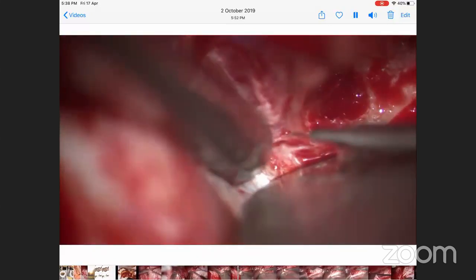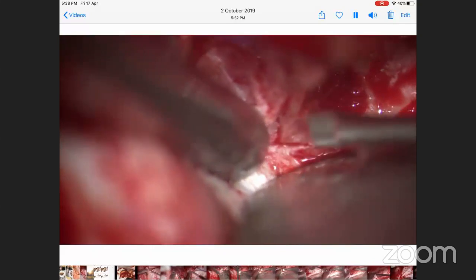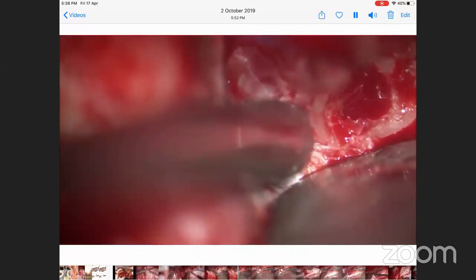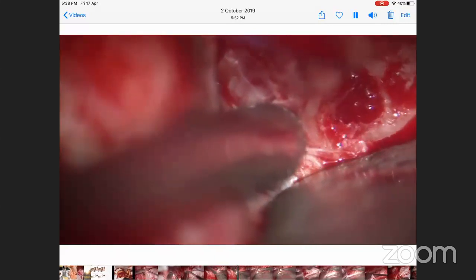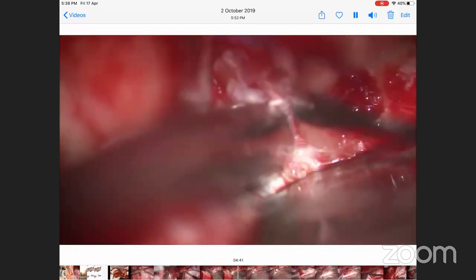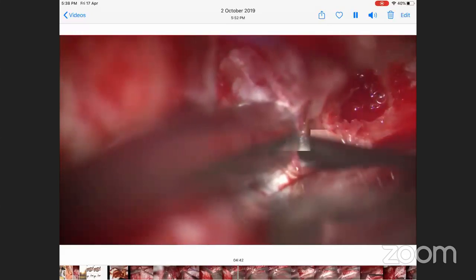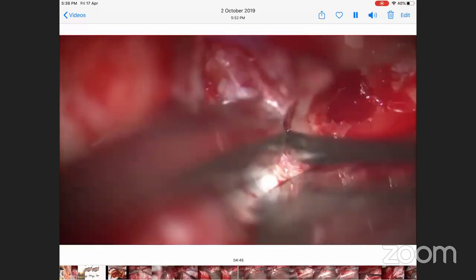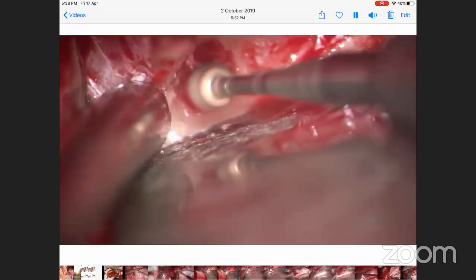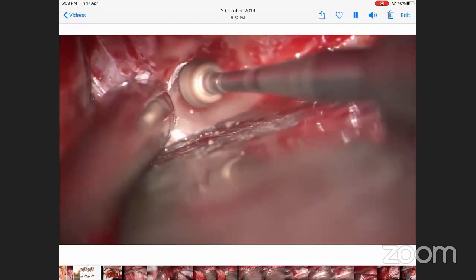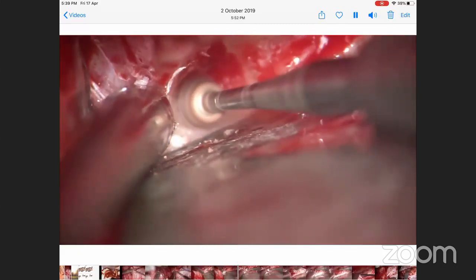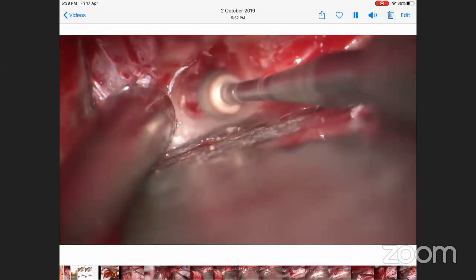Okay. Now I'm going under very, very high zoom, defining that clinoid a bit more. And then under very high zoom, I'm skeletonizing. This is a 2 millimeter drill, same as that of the suction.